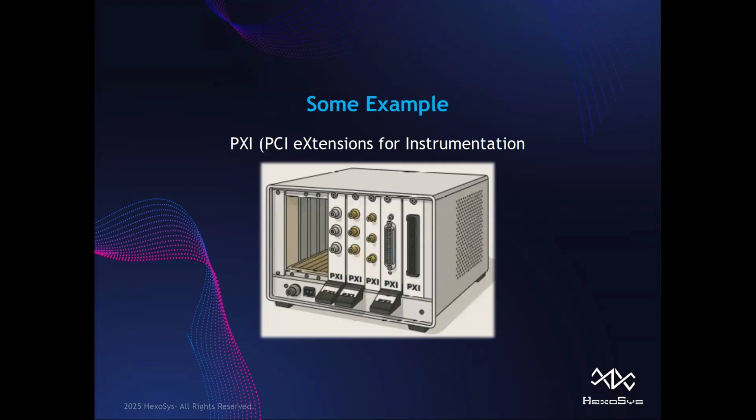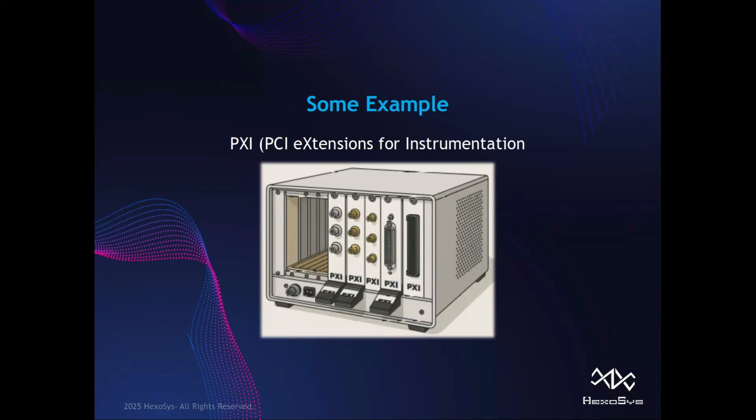And here I want to give brief examples of what PCI and PCIe interfaces we have in action in real-world scenarios in embedded systems. One of them is actually PXI, which stands for PCI eXtensions for Instrumentation.